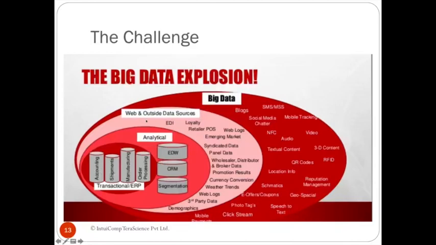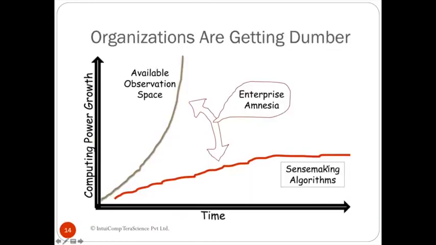After that EDI, web and outside data sources are used, and then come web logs, syndicated data, panel data, wholesaler and distributor data. All this goes to the level of big data, where we find blogs, SMS, MMS, social media, mobile tracking, audio, video and textual content. So all this comes into big data, and this is how it is exploding. We have represented this graphically for your understanding.